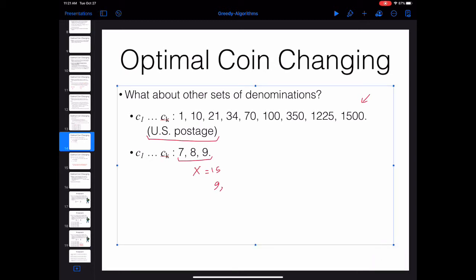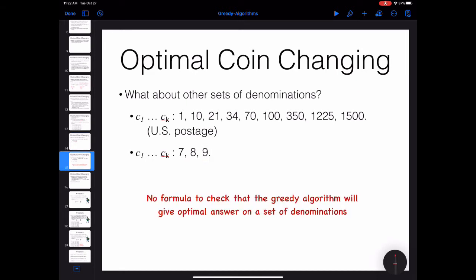Although I can find an answer, since 7 and 8 can change this amount, the greedy strategy doesn't even give you an answer. Not only can it not find the optimal answer, it ends up not being able to solve the problem.